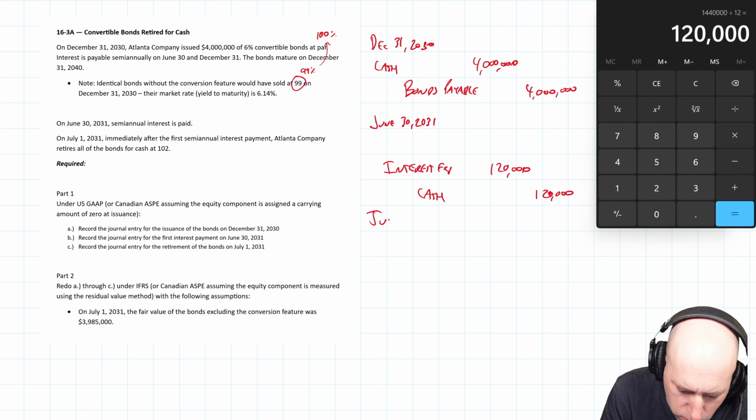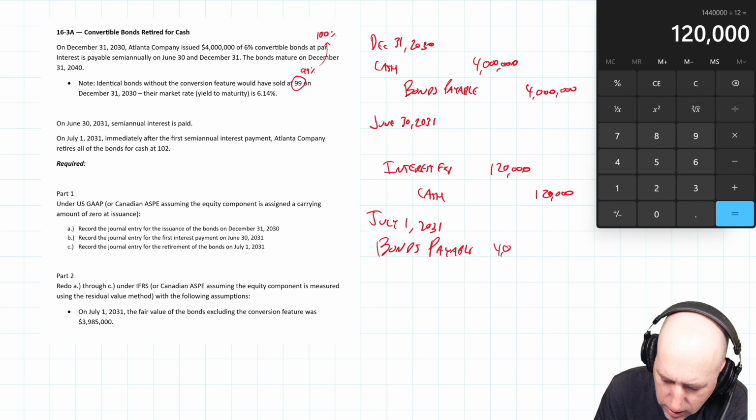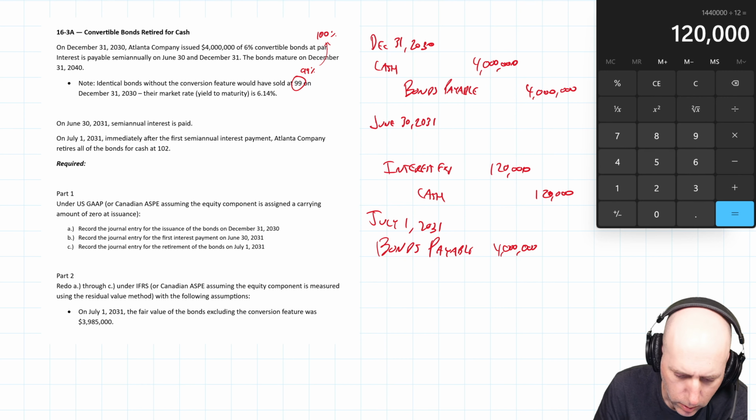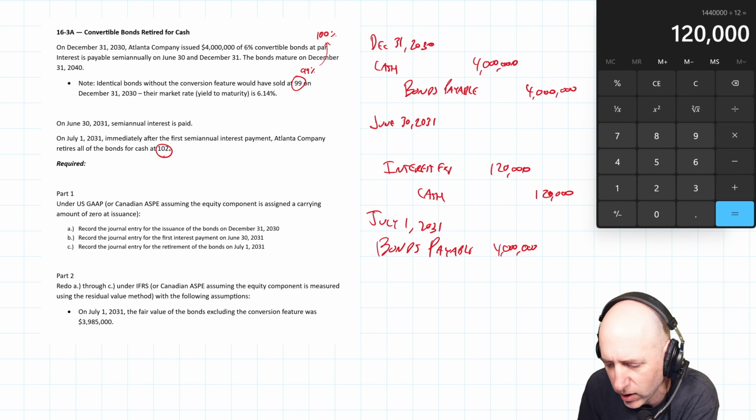Then July 1st, we retire all the bonds. July 1st, 2031, get rid of all the bonds payable. Debit bonds payable for $4 million. But what did I pay to retire the bonds? Well, I paid $102. July 1st, immediately after the first semi-annual payment, Atlanta Company retires all the bonds for cash at $102.